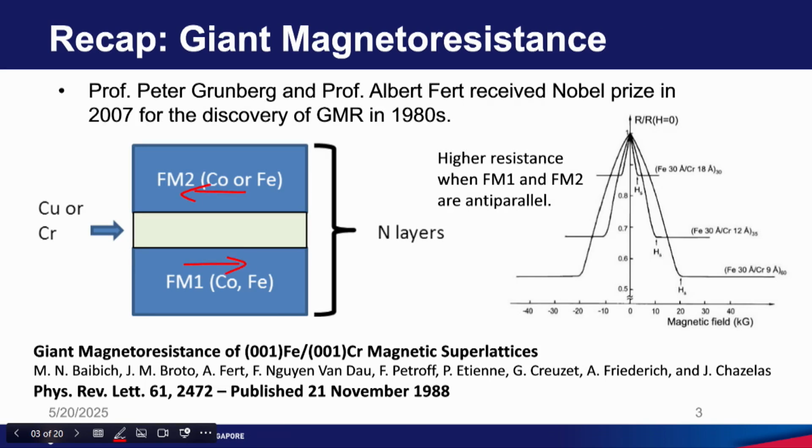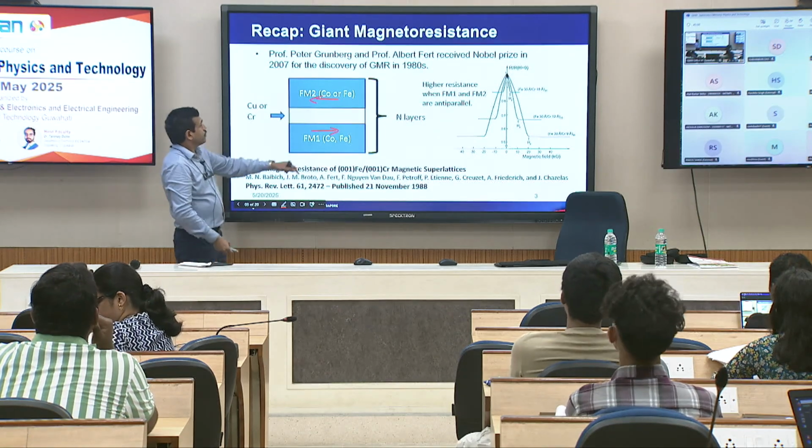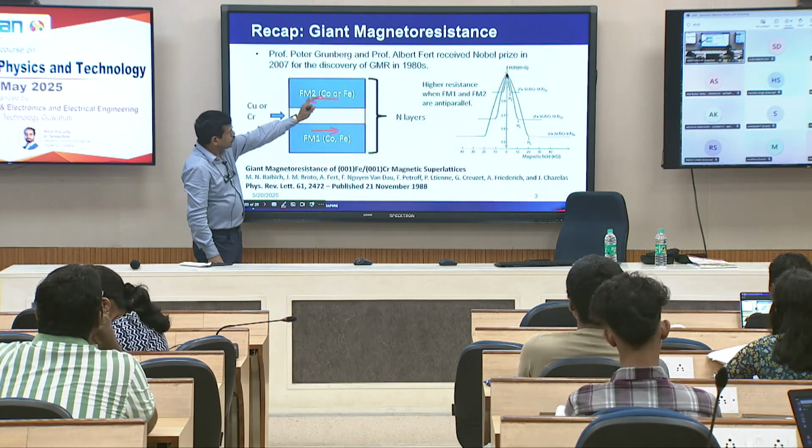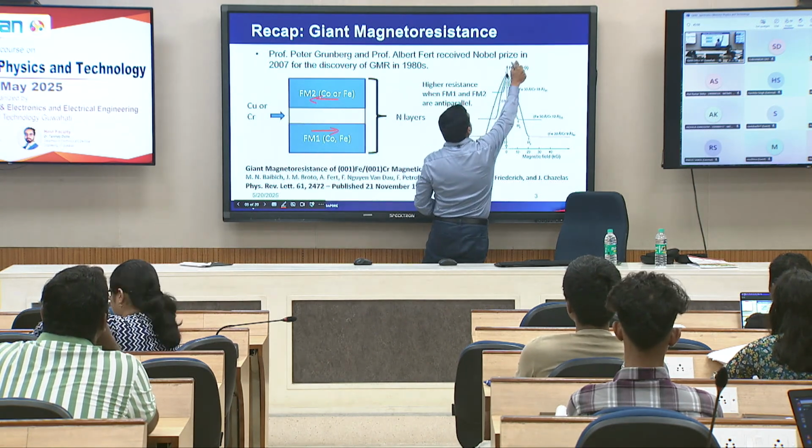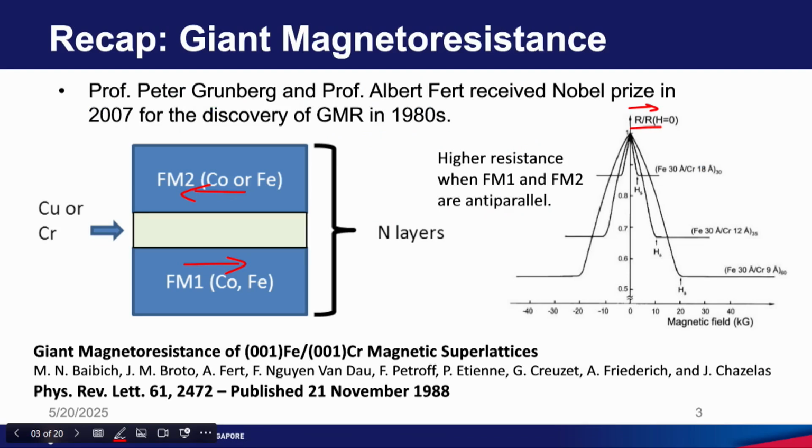So, in the absence of any magnetic field, you have two layers with antiparallel magnetization, which gives rise to the highest magnetoresistance state. However, when you apply a very strong magnetic field along one particular direction, you force both layers to point in one particular direction, and that is where you see the lowest resistance state.